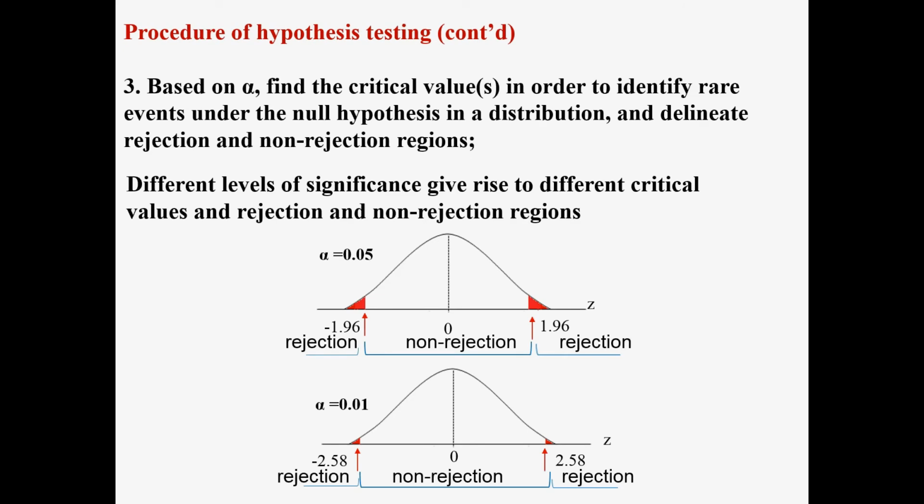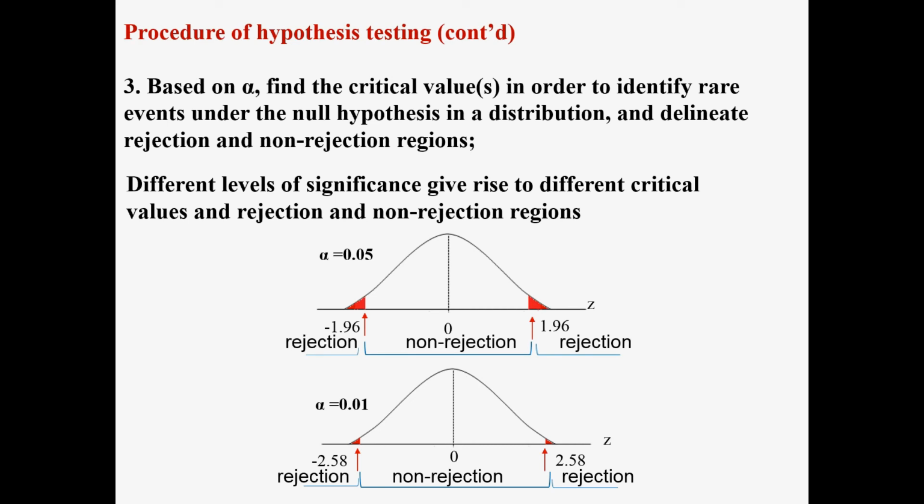Step number 3 is that after you decide the level of alpha in step number 2, you need to find out the corresponding critical values. These are some z-scores or t-scores that correspond to the level of alpha that you choose from step number 2.